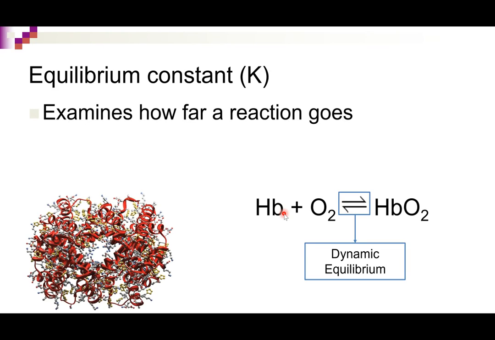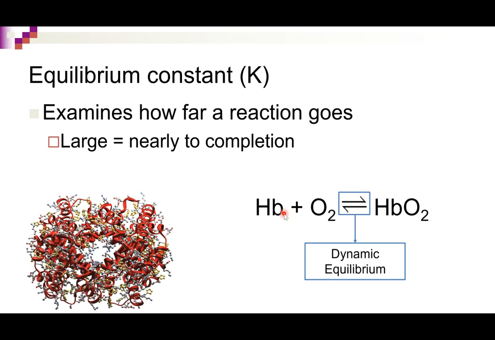So, more about this equilibrium constant K. The equilibrium constant K is going to tell us how far the reaction goes. Does the reaction lie more towards the products? Does it lie more towards the reactants? How far does it go?